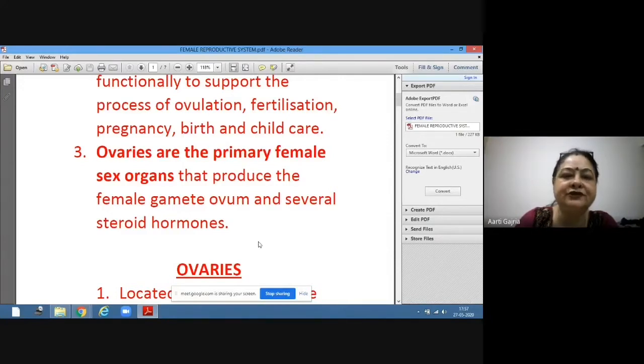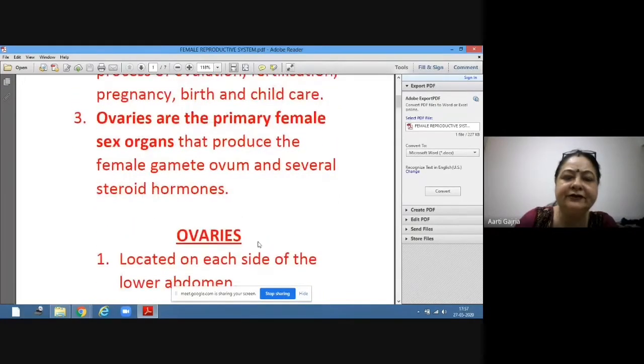So this is one mark question. Function of ovaries. So number one is to produce female gamete ovum, and number two is to secrete several steroid hormones to assist the process of reproduction.